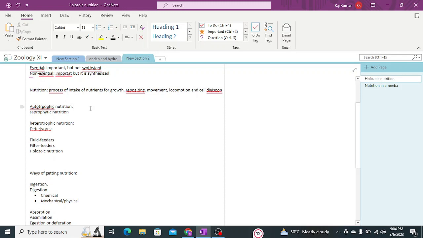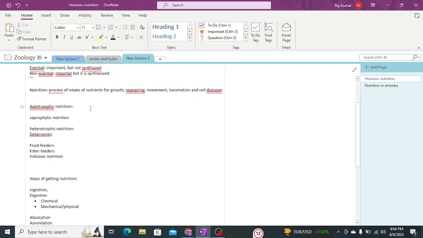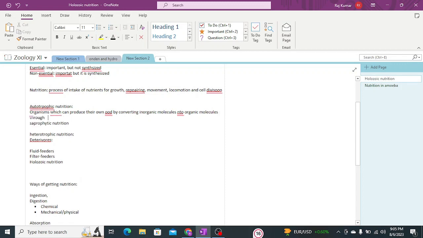Afterwards, we have autotrophic nutrition. Autotrophic nutrition here means nutrition in organisms which can produce their own food by converting inorganic molecules into organic molecules through the process of photosynthesis or chemosynthesis.